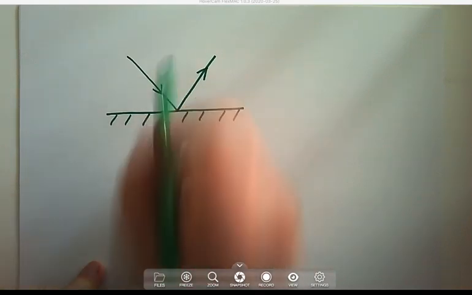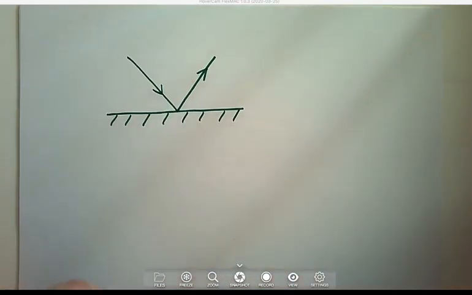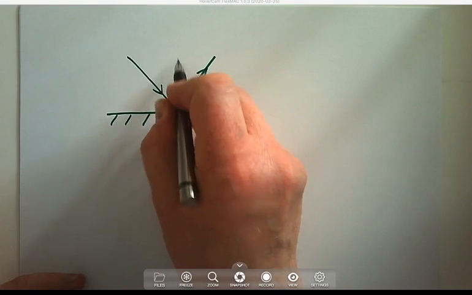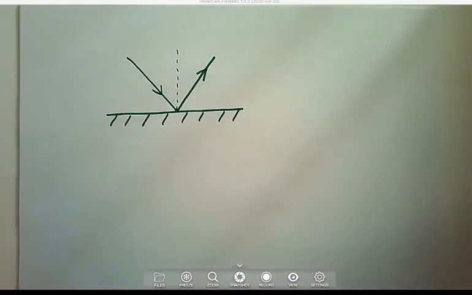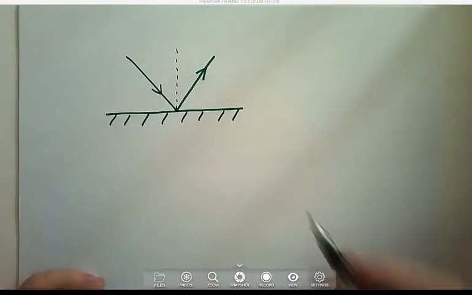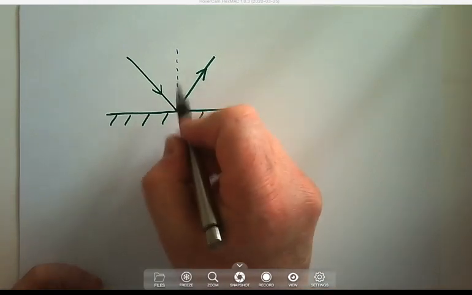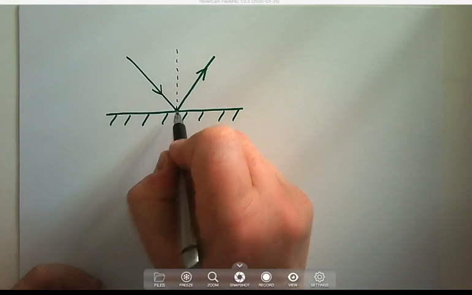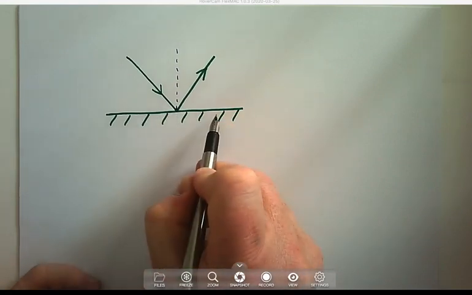And in order to complete the diagram, we have to add some labels, one of which is the normal line. Now that normal line shows us the 90-degree position to the mirror.